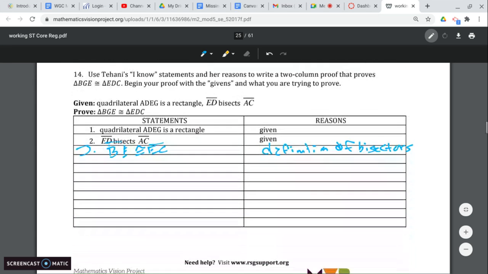So that's the next part of our proof. So step 4, we're saying that AC is parallel to GE and GA is parallel to BE.